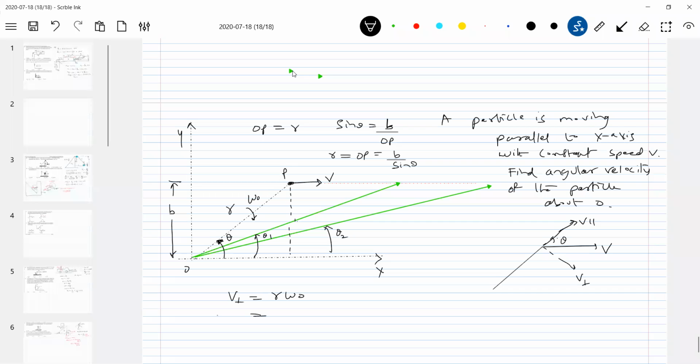So V sine theta equals R omega naught, where R equals b by sine theta. This is the angular velocity. Sir, it is v sine square by b, sir. Sine comes in the numerator.